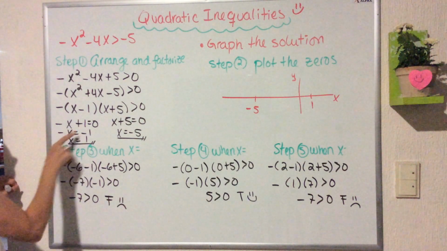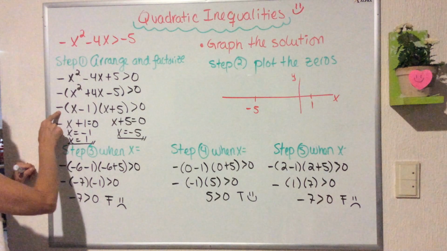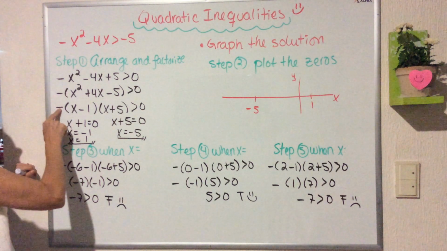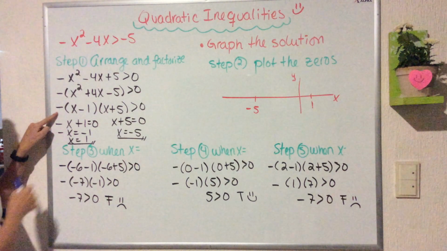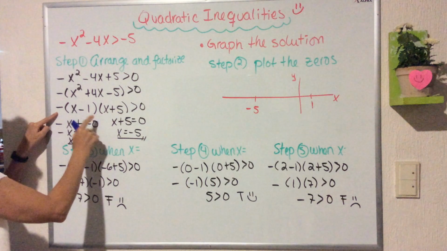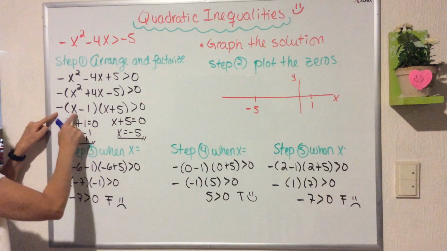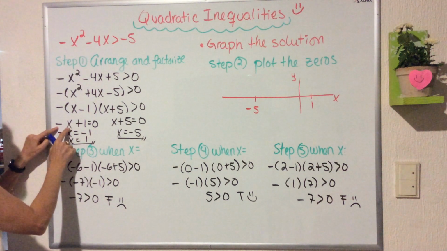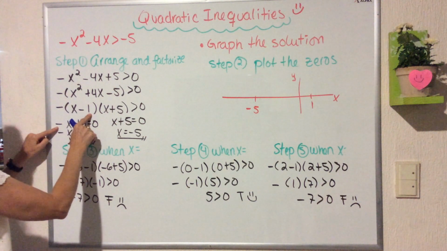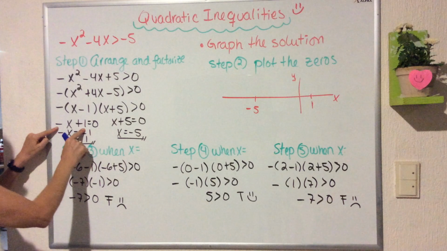Now, in the first factor, we have this negative. We have to write it. We are not going to forget about this negative sign. But this negative sign is going to affect just the first factor, not the second one. Okay, so I'm going to multiply negative times x, and we get negative x. And then negative times minus 1, we get positive 1.